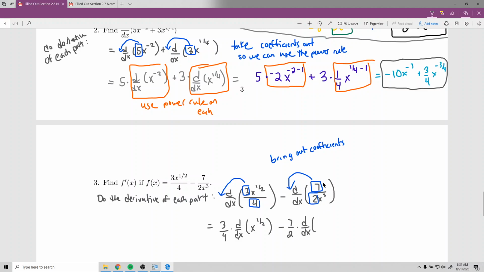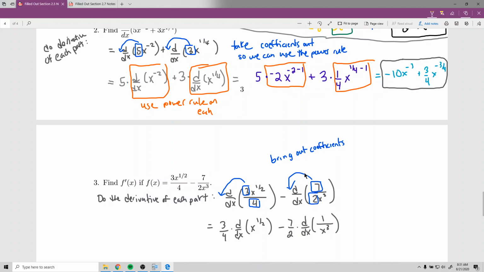Now, when you bring out the entire numerator like we did here, it doesn't go away because we still have an invisible 1 on top. The reason we can get rid of the denominator is it's like dividing by 1 does nothing, but having a 1 on the top is important to not get rid of. And then on the bottom, we're left with x cubed.